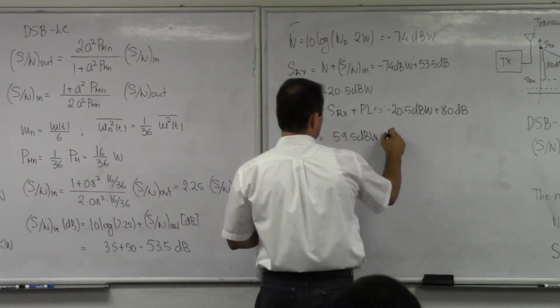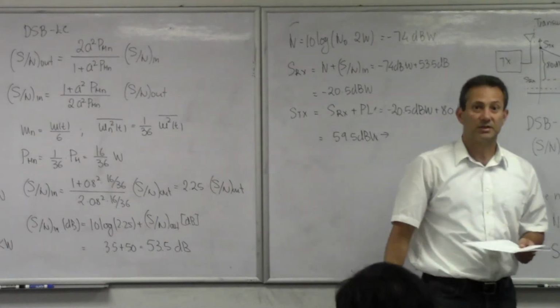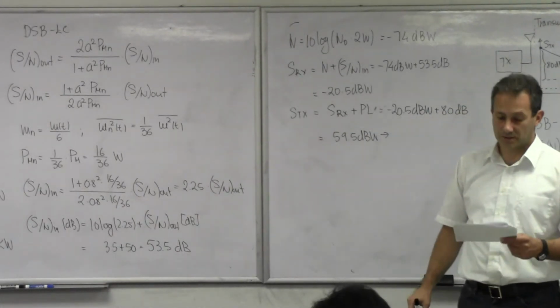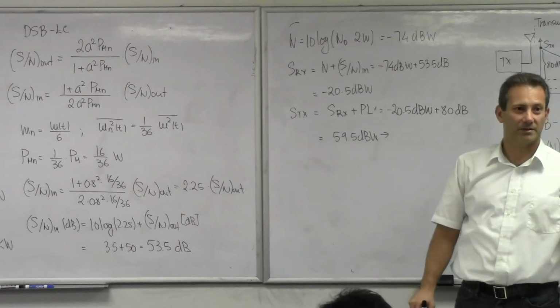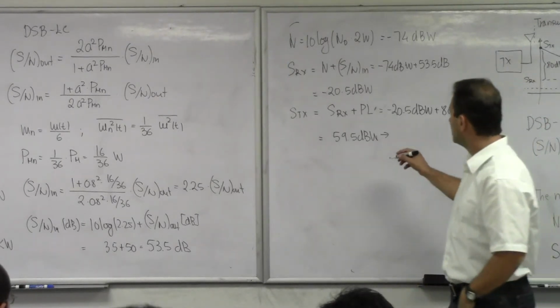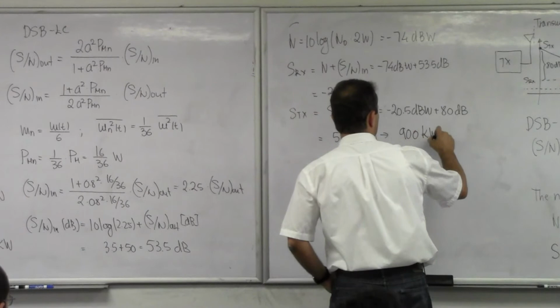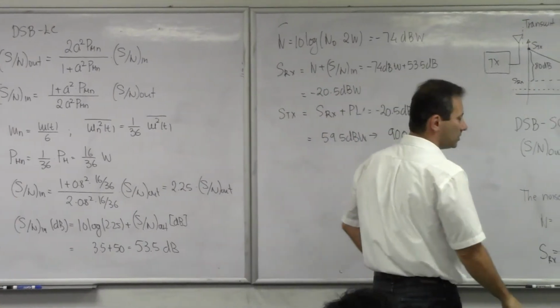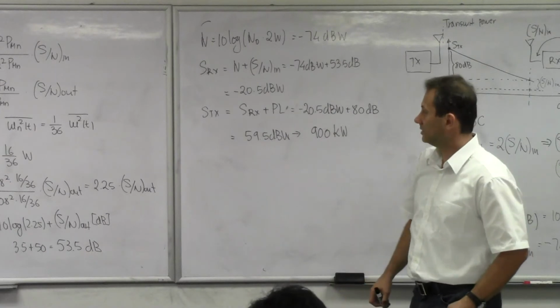When you translate that into linear, 59.5 is almost 60 dB watts, which is 1 million, 10 to the 6. If you do the calculation more precisely, this gives you a value of 900 kilowatts. So almost 1,000 kilowatts needs to be transmitted.